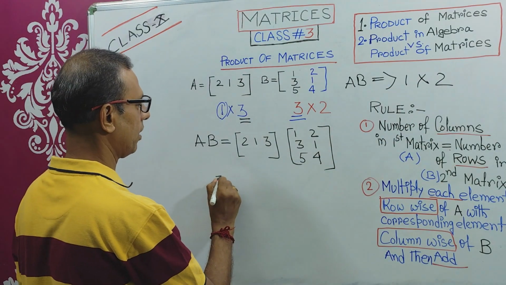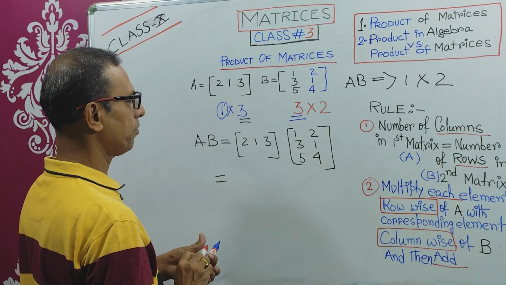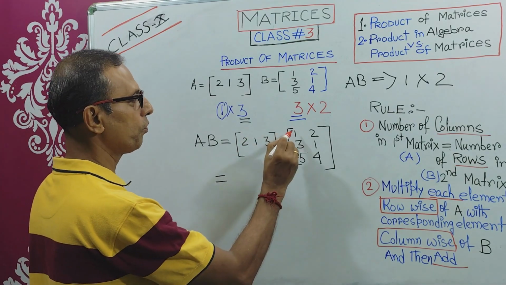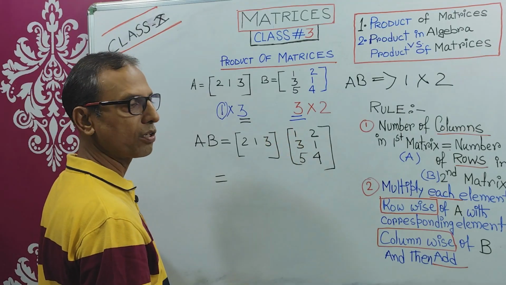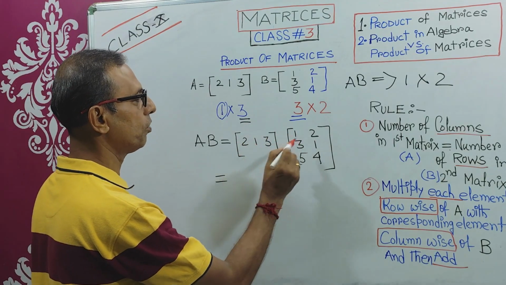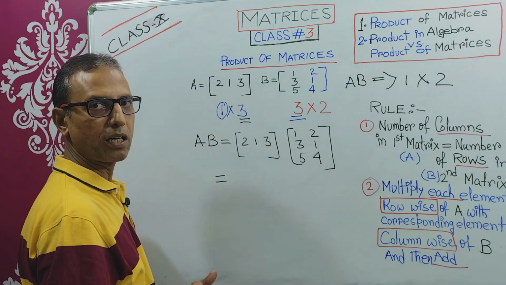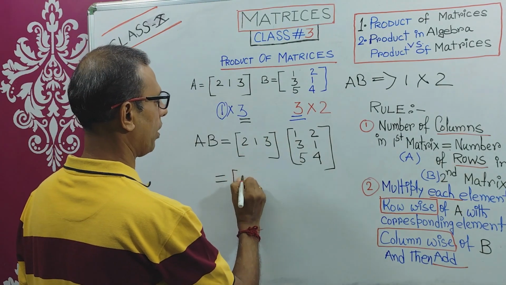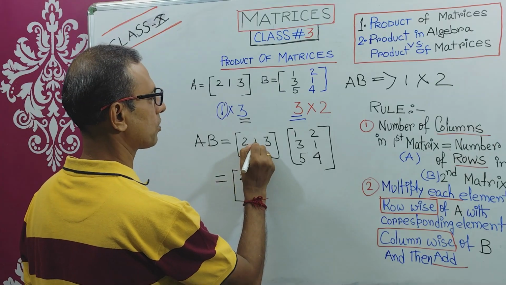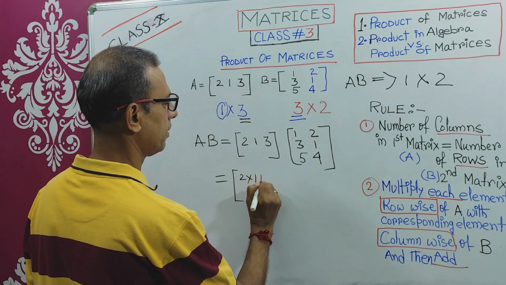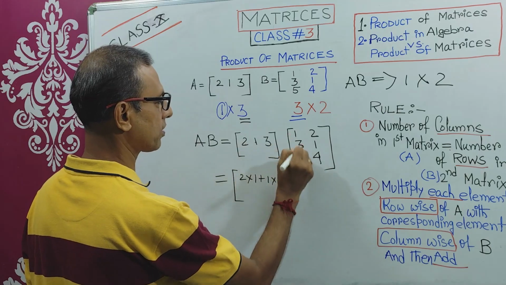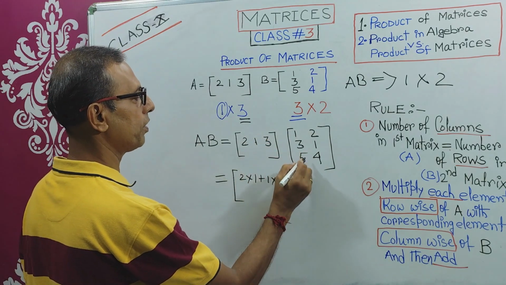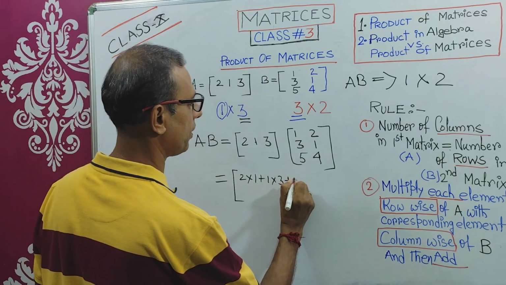Let's see. Now what I will do, I will multiply each element of this row with each element of the first column, then each element of this row with each element of the second column, right? So 2 into 1 plus 1 into 3, first row versus first column, plus third element of first row into third element of first column, 3 into 5.